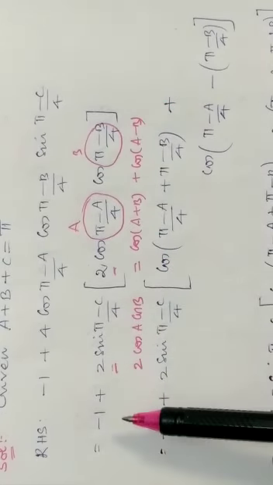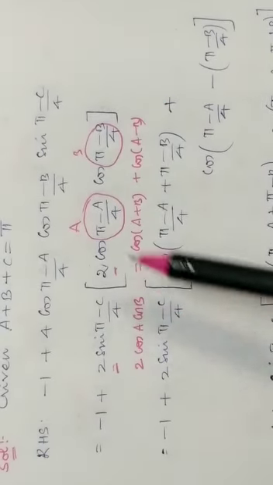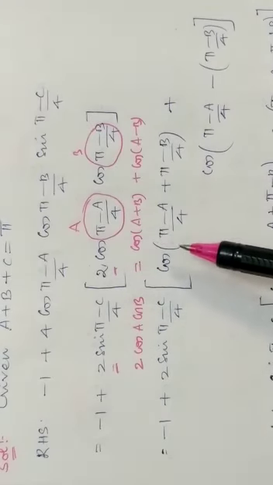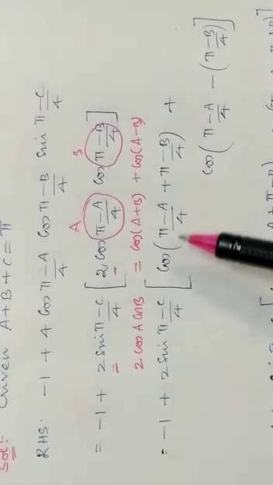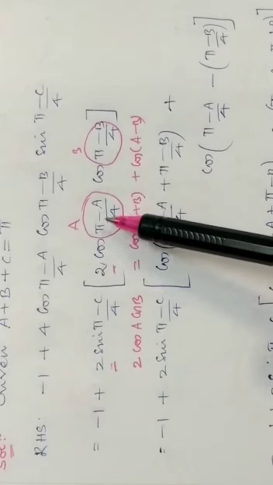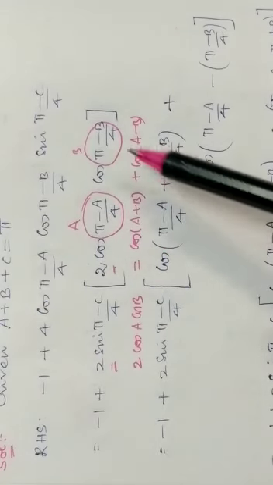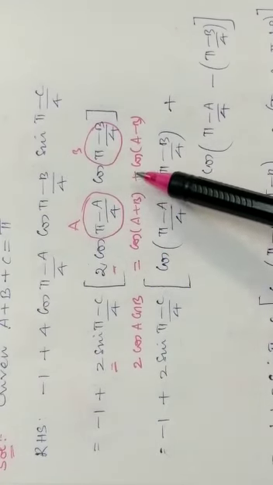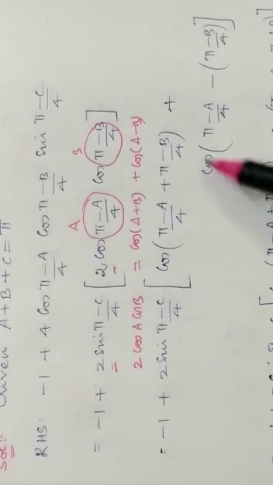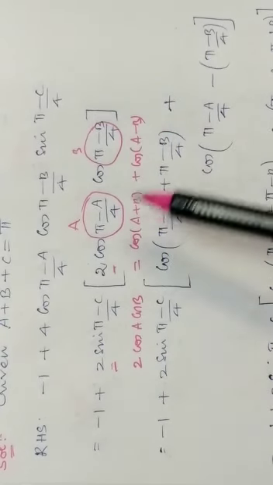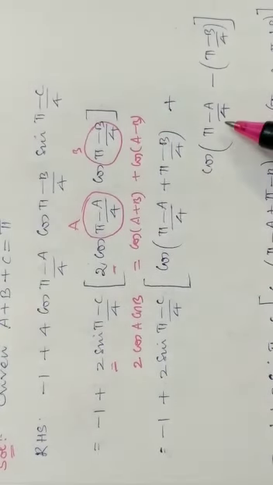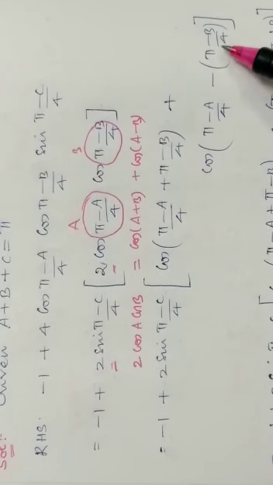The earlier terms are as they are. The bracket term will change as cos(A+B), plus cos(A−B), here cos((π−A)/4 − (π−B)/4).